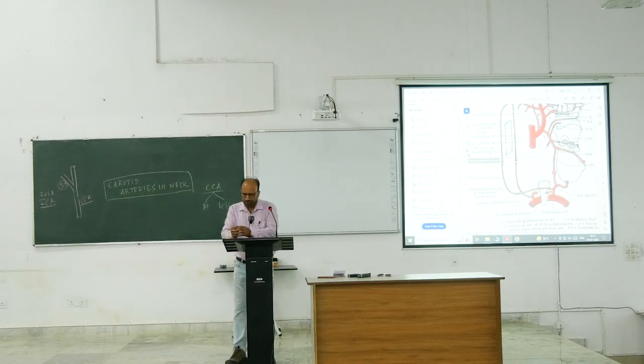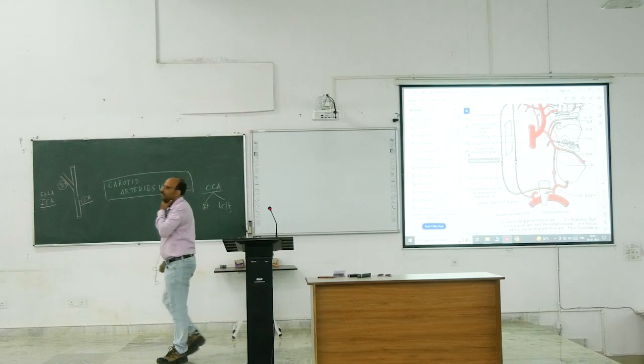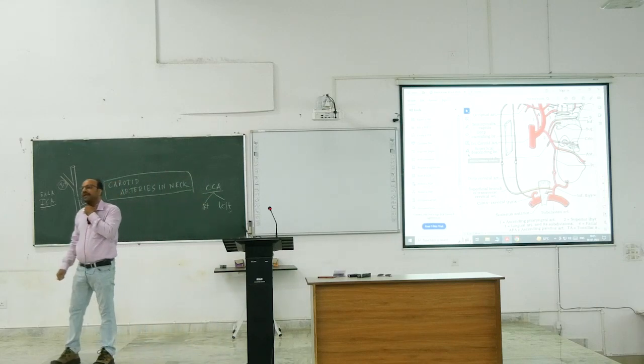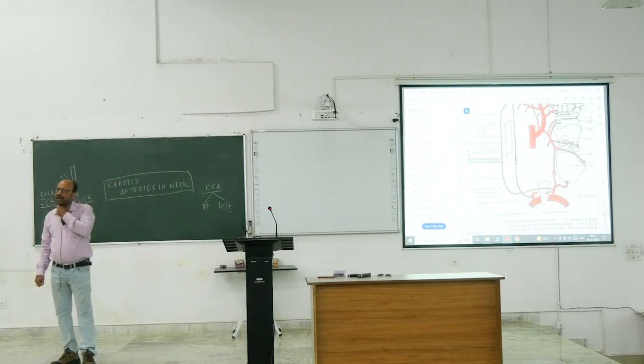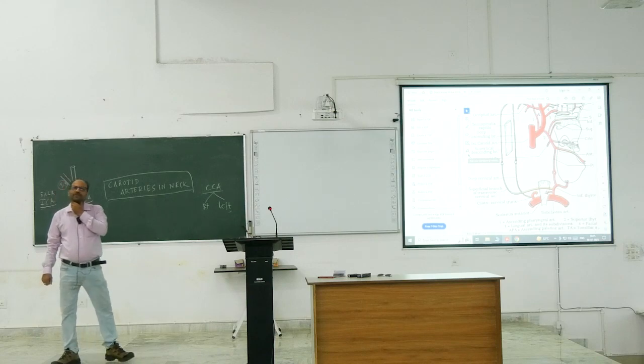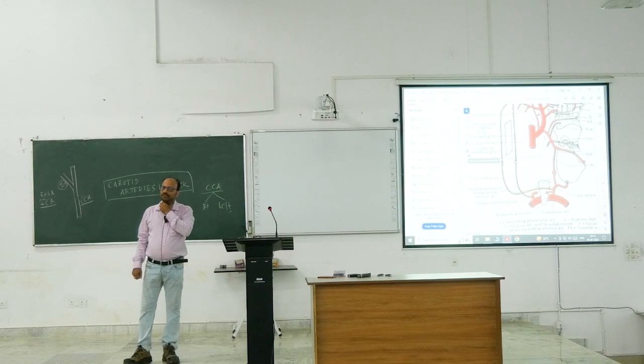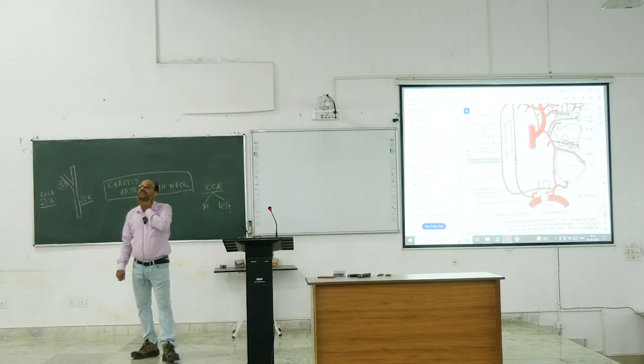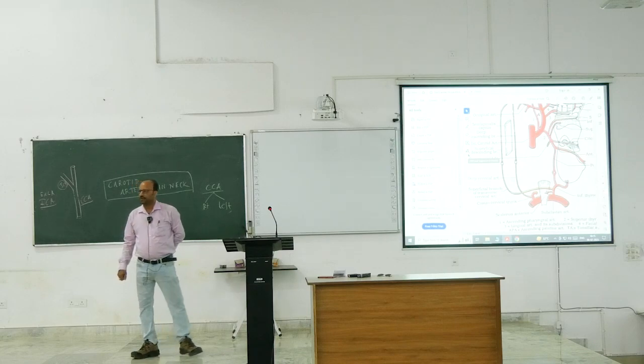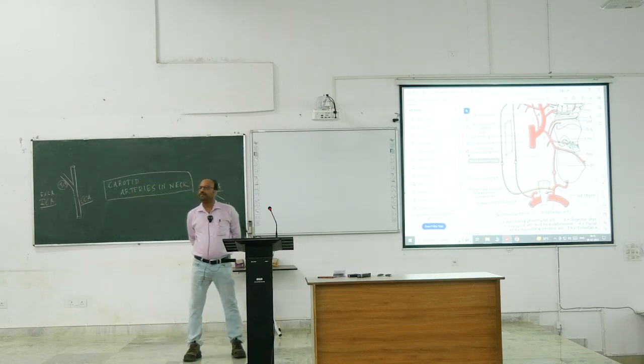After the exam, there will be a dissection of the neck. The neck has triangles. How many triangles are there in the neck? In front, the anterior triangle, and behind, the posterior triangle.